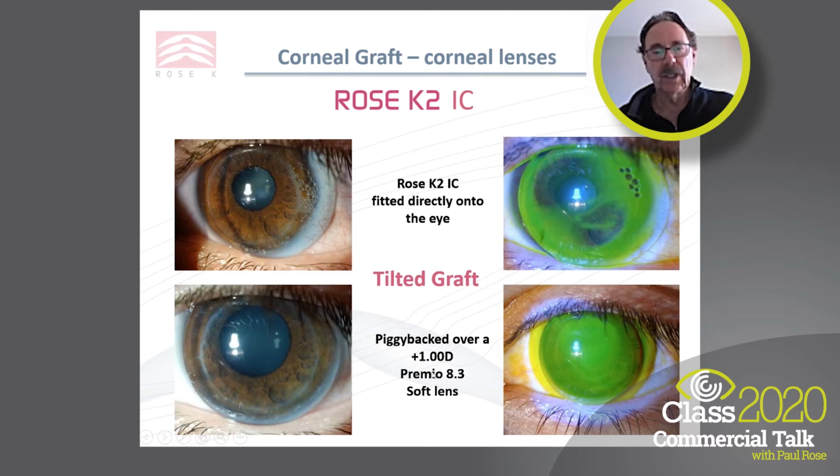So what this practitioner did was use a +1 Premio lens and piggyback the IC lens over it, and immediately he got much better centration, the patient's wearing time was improved, and the fitting pattern was markedly improved. So a very good result simply using a plus lens with an IC lens piggybacked over a soft lens.